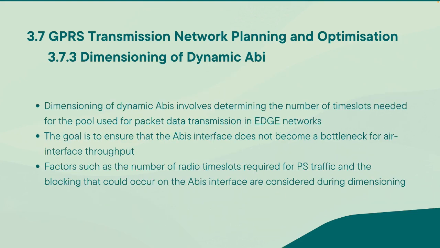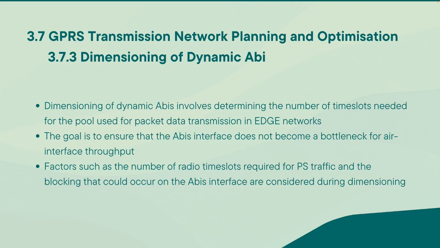And in the dimensioning of the dynamic Abis, we are involved to determine the number of the time slots needed for the pool user of the packet data transmission in the H network, E network.